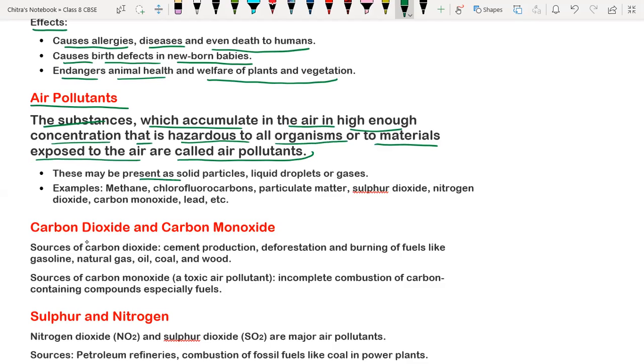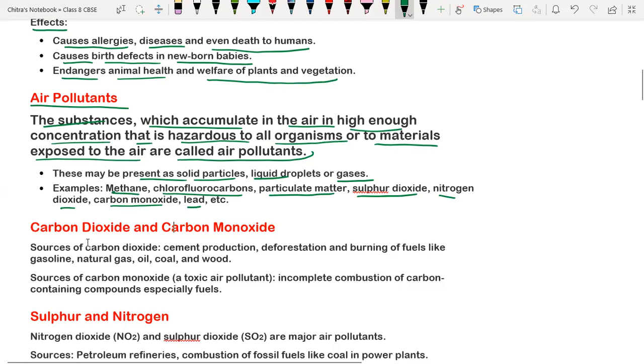These may be present in solid, liquid, or gaseous form. Air pollutants may be solid like dust particles, liquid like vapors, and gases like sulfur dioxide, carbon dioxide, methane, etc. For example, methane is a gaseous pollutant. Chlorofluorocarbon, particulate matter, sulfur dioxide, nitrogen dioxide, carbon monoxide, lead, heavy metals, sand particles, etc. are all air pollutants. They cause pollution to air.